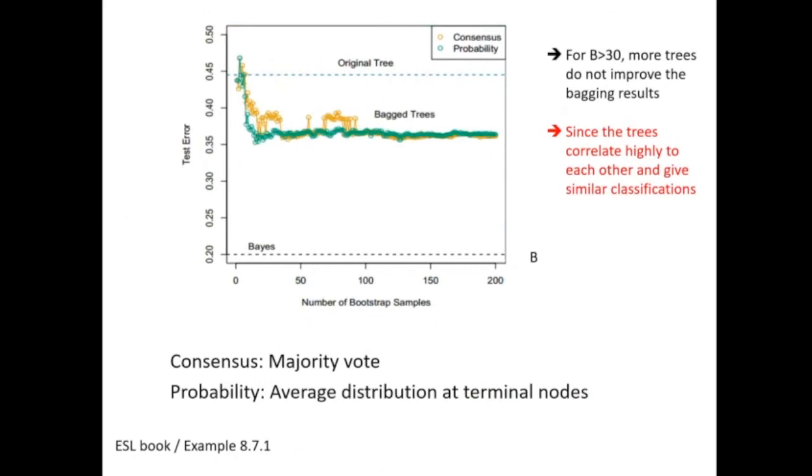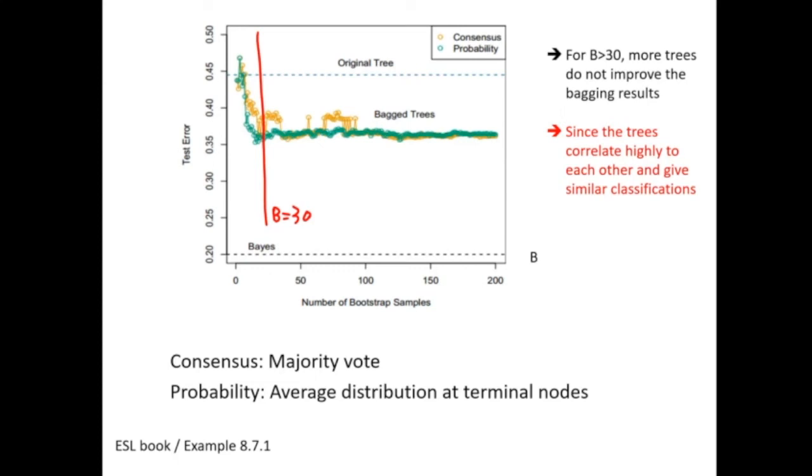You can also tell it really doesn't matter how many trees B you use when you increase B. Roughly when B equals 30, the performance stops improving at all. In the end, the issue is that the decision trees on the bootstrapped sample sets are highly correlated with each other, and they make very similar decisions.